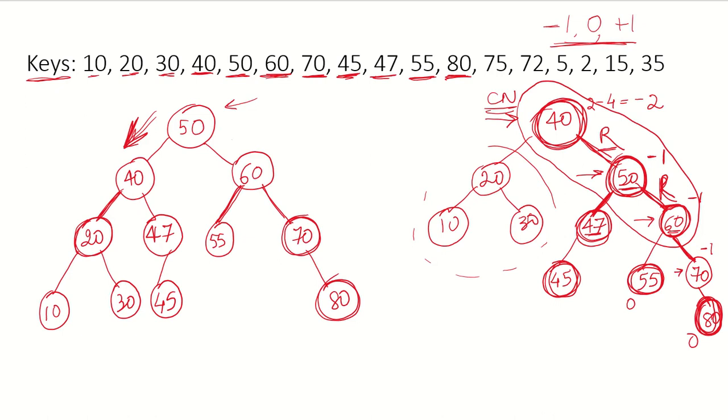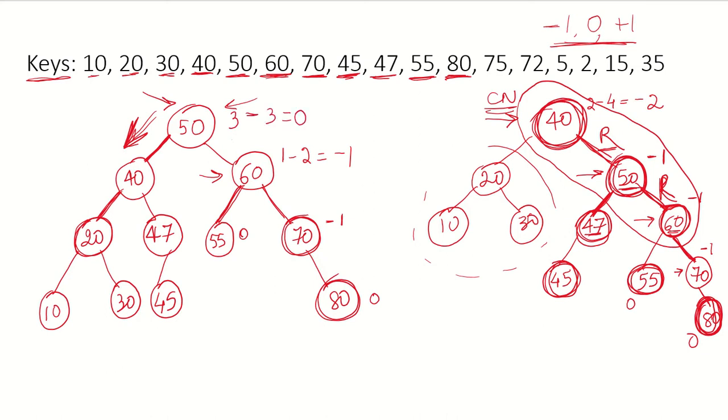Now if you see the balance factor of each and every node, for this it is 0, for this it is minus 1, for this it is 0, for this node it is 1 minus 2, so minus 1, and for this node the height of the left subtree is 3, the height of the right subtree is also 3, so this is 0.